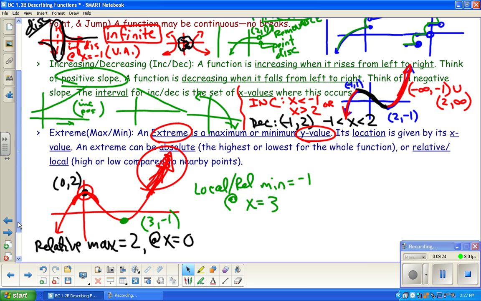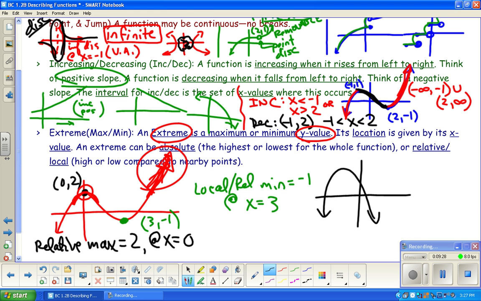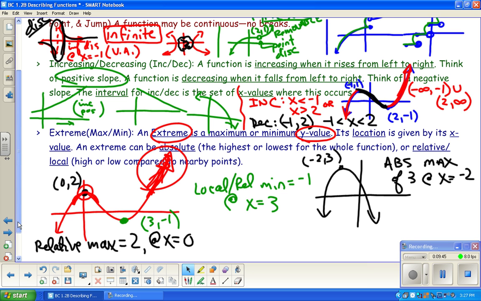Typically, you'll see parabolas all the time. So let's say this point is -2, 3. This would be an absolute max of 3 at x equals -2. No minimums, no local, no relative.